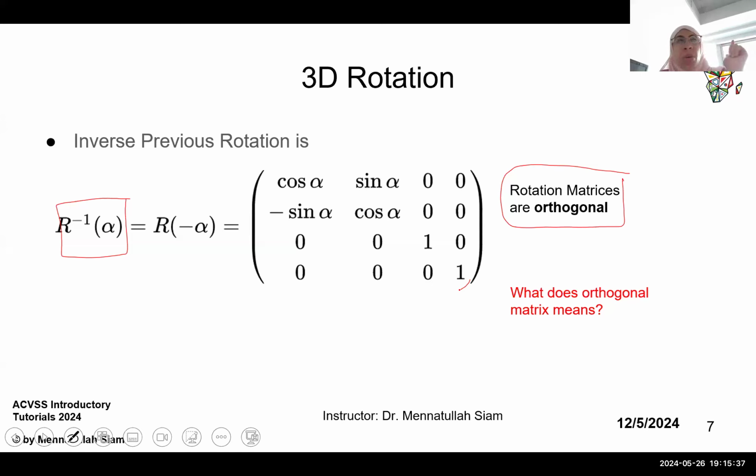I think it's actually orthonormal. It's not just orthogonal, meaning that, if I remember correctly, yes, these are also unit vectors. Each one of these is also a unit vector.